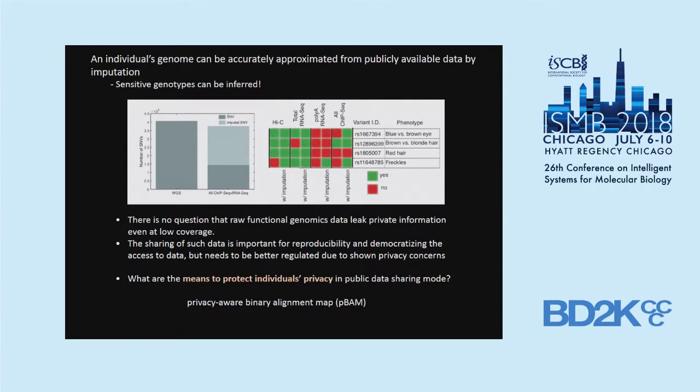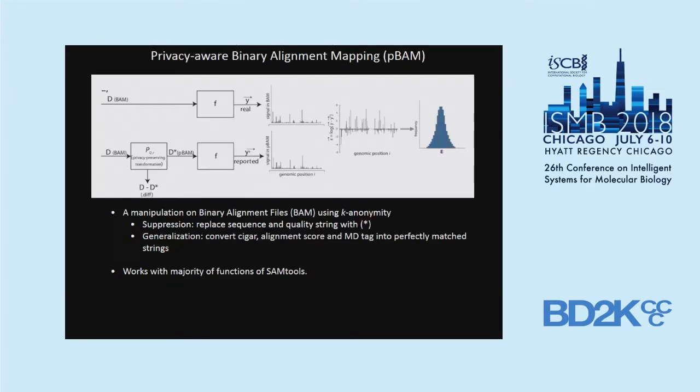So we came up with this idea called privacy-aware binary alignment maps. Basically, you take a traditional BAM file that you get from these experiments, and then you suppress or generalize certain identifiers in the BAM file. So basically, you remove the sequencing information, you remove any tags that will tell you that there's a variant in the BAM file, and then you create this new BAM file called PBAM.